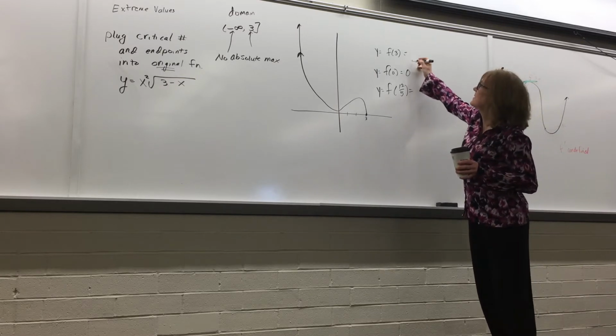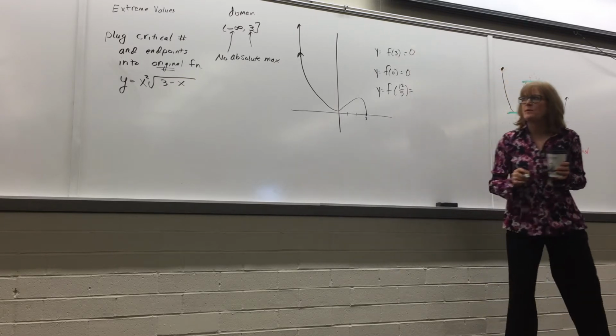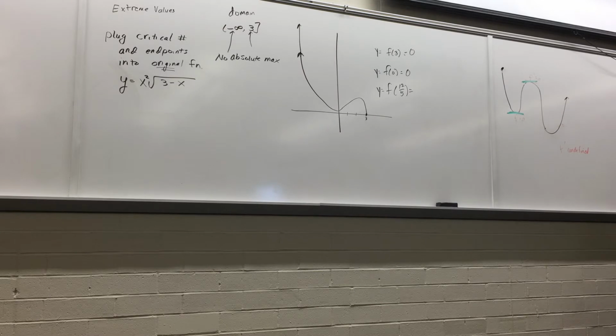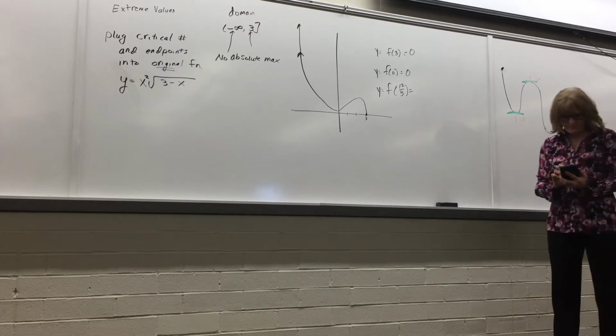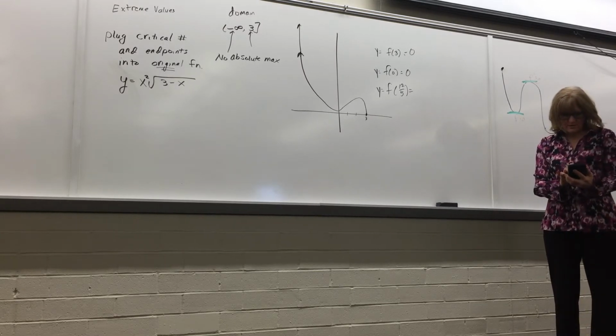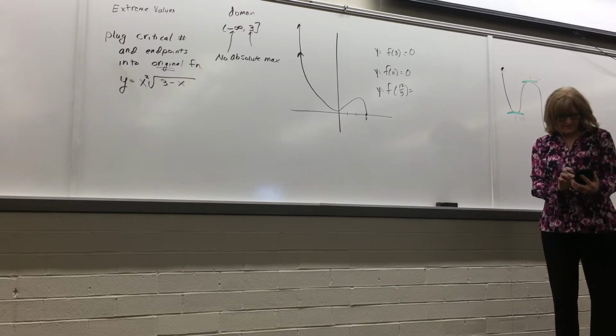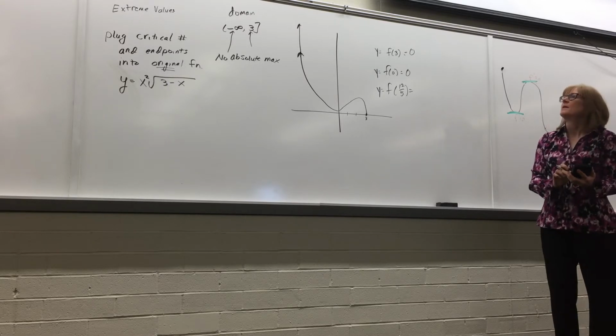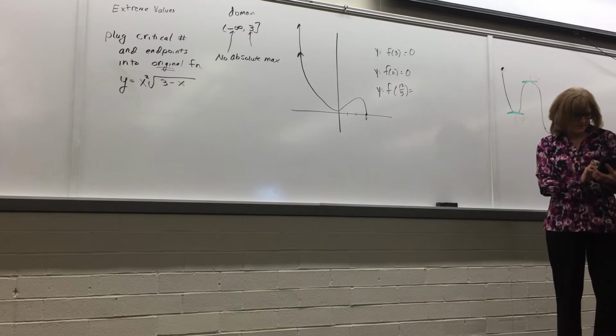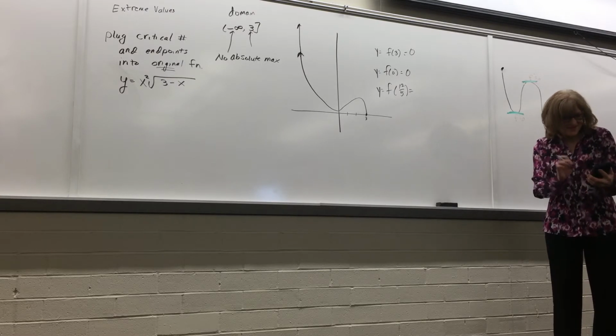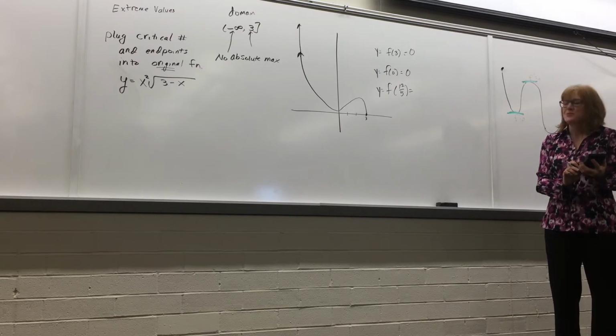Zeros are easy, 3 is easy, 12/5 is not so easy. I've got the old calculator. Everybody get a 12/5 on theirs? Looking for my trace button. 2.4.